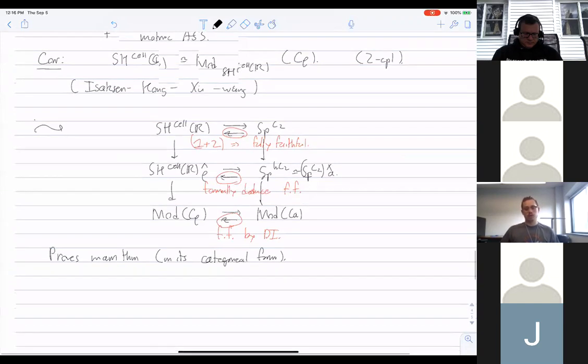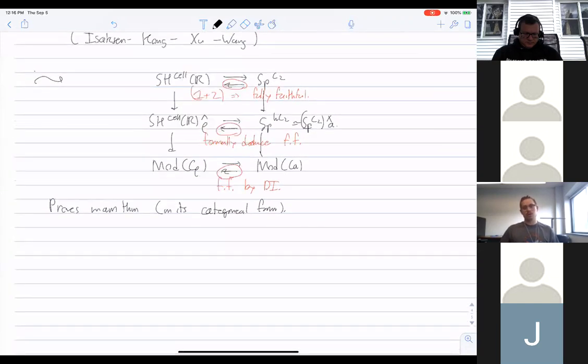Now, there's one important question that remains. So it remains to show, or I should say, I need to identify the localization functor on the homotopy completion.